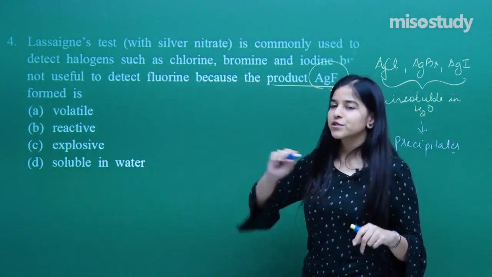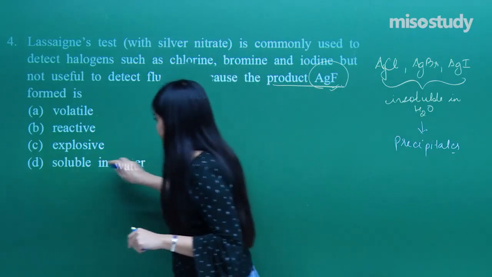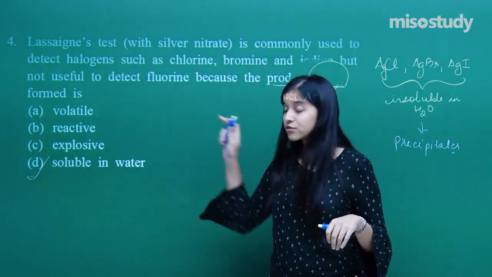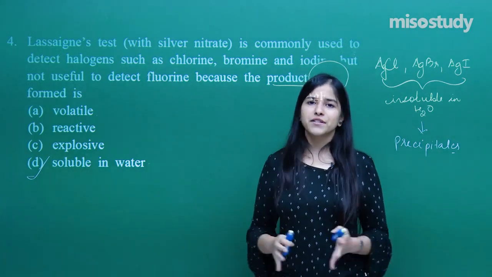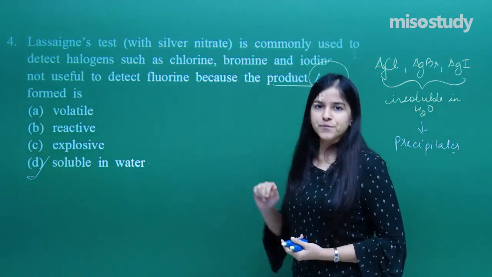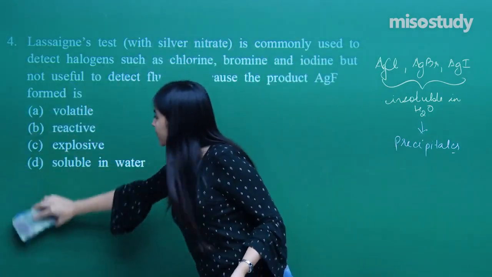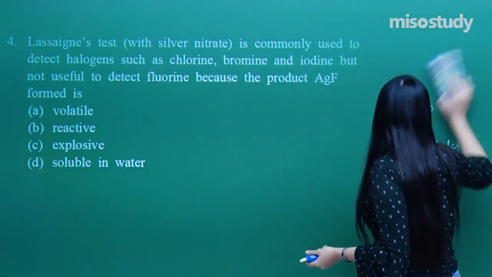That is why option D is correct here, that AgF is not able to be detected in the solution because it is already soluble in water. We do not get a precipitate for that. Clear or not?